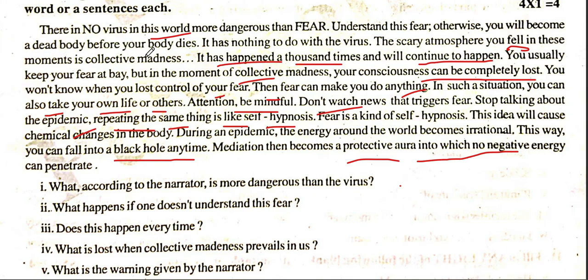So let us see, there is no virus in this world more dangerous than fear. Understand this, otherwise you will become a dead body before your body dies. It has nothing to do with the virus. The scary atmosphere you feel in these moments is a collective madness. We can have this feeling when we have excessive fear of this virus.